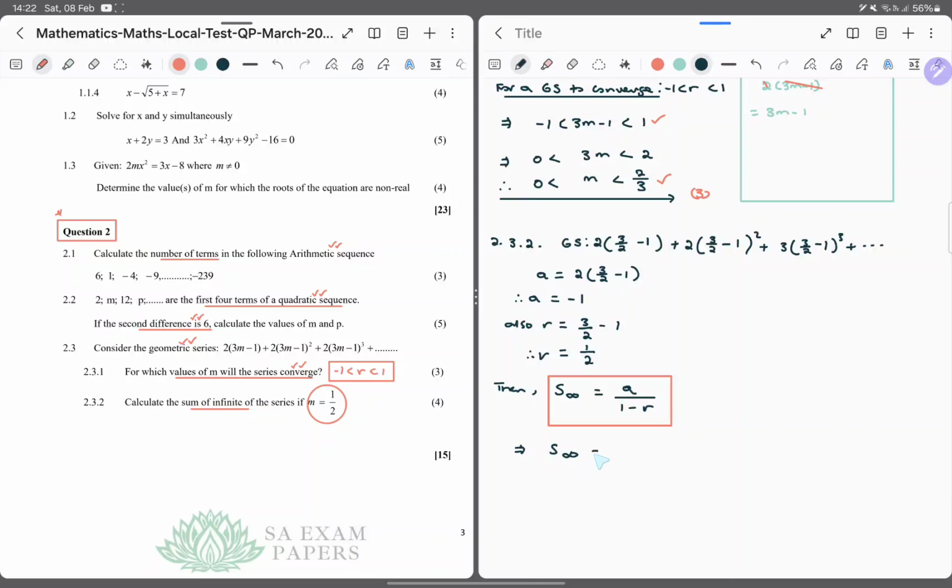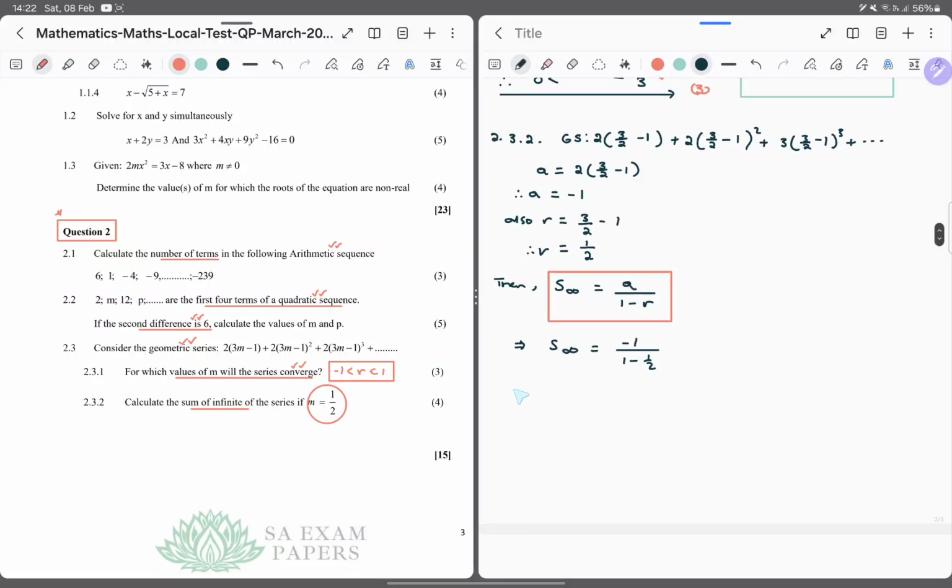Sum to infinity is a, which is minus 1, divided by 1 minus a half. So therefore our sum to infinity is basically minus 2. Great.